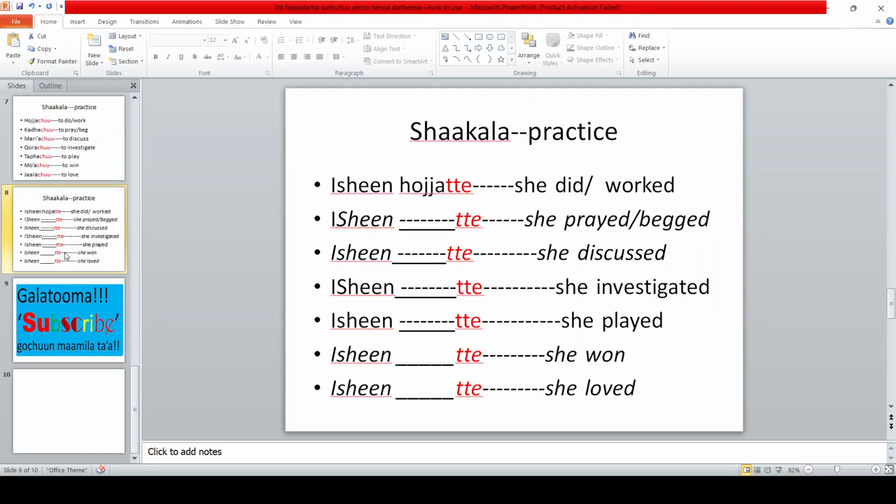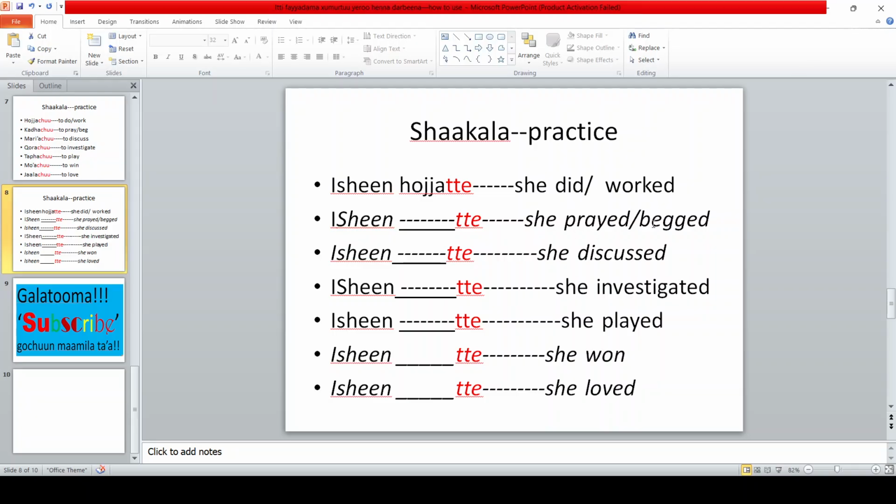Who can try it? Isheen, earlier it was saying what? Hojjechu. So now we are going to make it what? Hojjette. In place of chu, we put what? Te. So leave out the chu and then add te. Hojjette, isheen hojjette, she did or she worked.